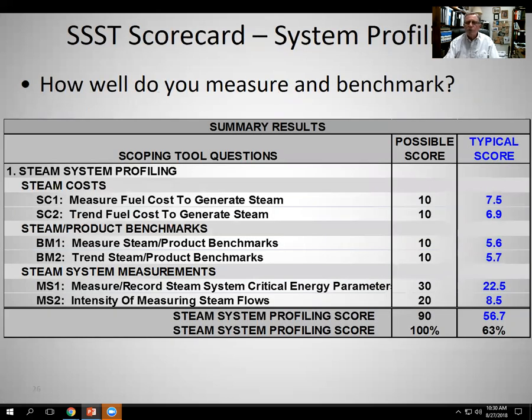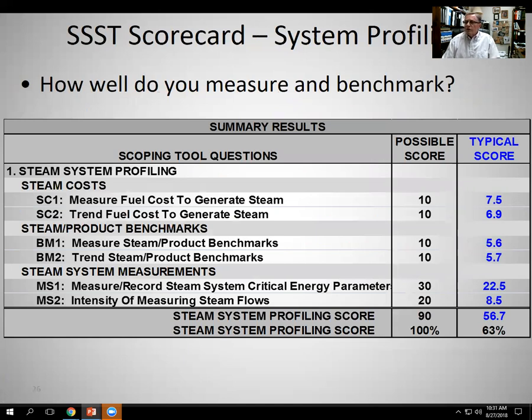I don't want to spend too much time. But there's a lot of good things that come out of looking at this and evaluating yourself. It asks a lot of questions that people may not be considering or may not be doing a very good job at. Certainly if they're not considering them, they're probably not doing a good job.